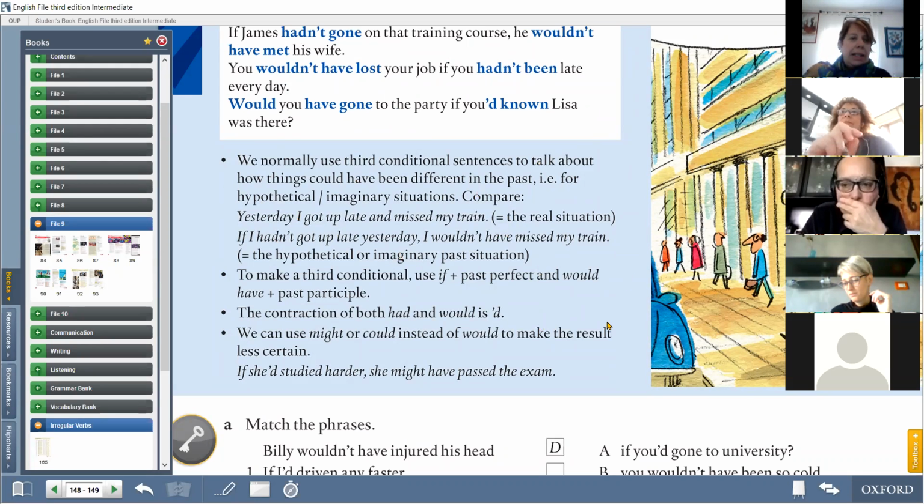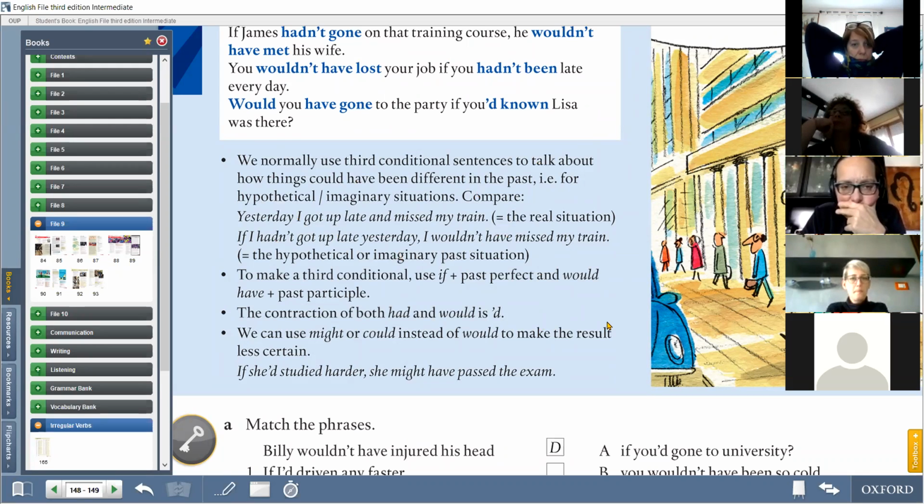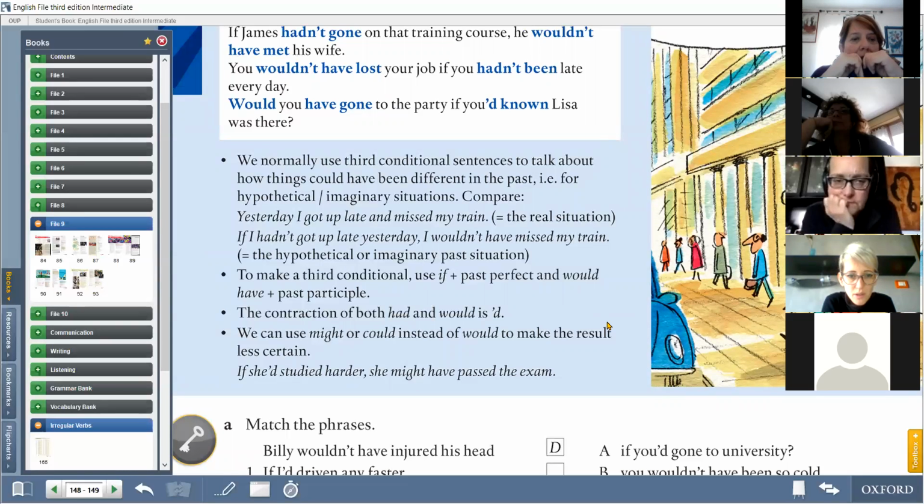Note, tutte quante, grazie. We normally use third conditional sentences to talk about how things could have been different in the past. For example, for hypothetical imaginary situations. Compare. Yesterday I got up late and missed my train.